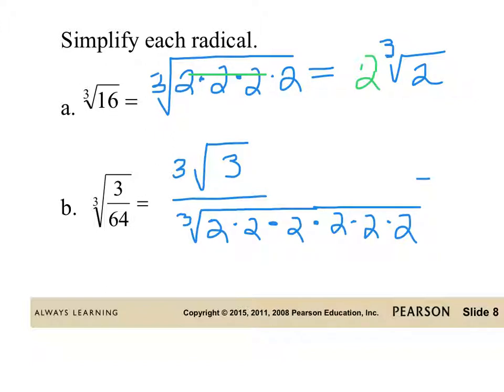So we wind up with the cube root of 3, and then counting our 2's, we have two sets of 2's that are in 3's, so that'll be 2 squared, or 4.